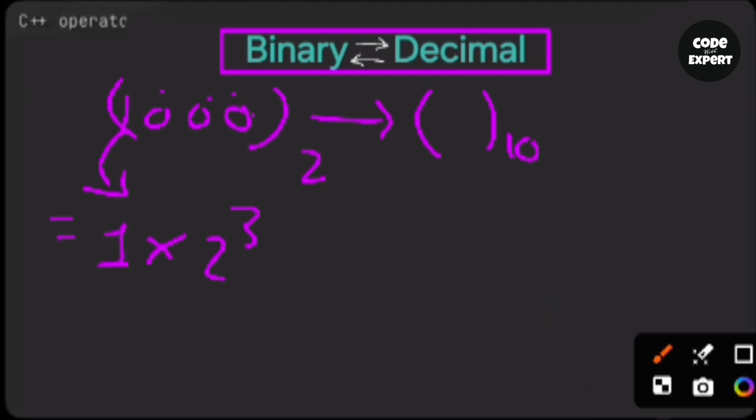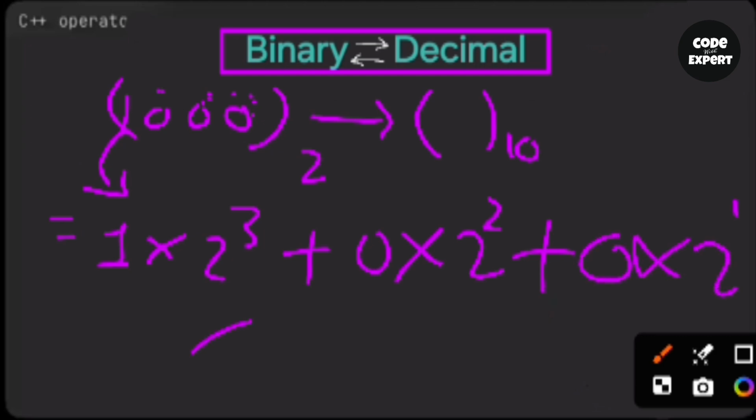Here we have taken 1, and after this number there are 3 numbers, so we will raise to the power 3 and add the second number, which is 0, multiplied by 2 raised to the power 2, and so on for other numbers: 2 raised to the power 1 plus 0 into 2 raised to the power 0. Okay, so our answer will be 8. So see how easily we converted binary to decimal.